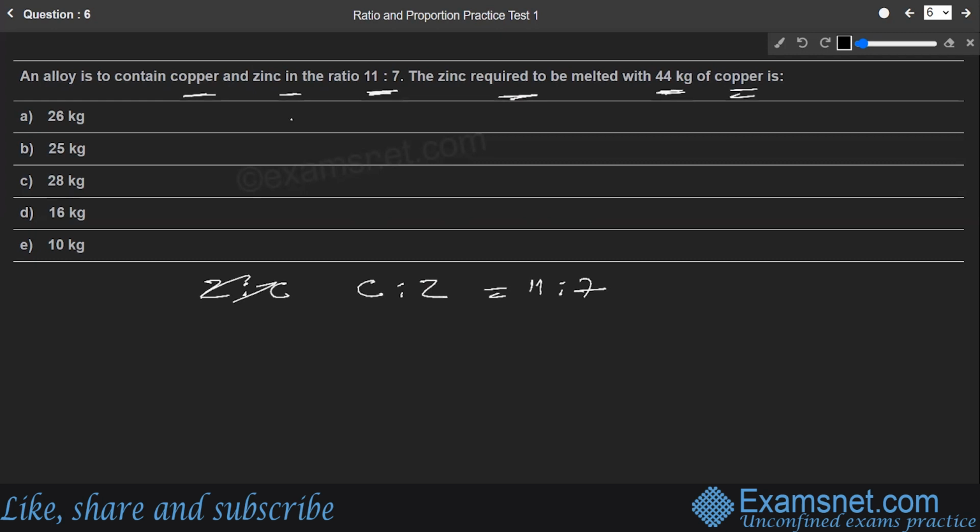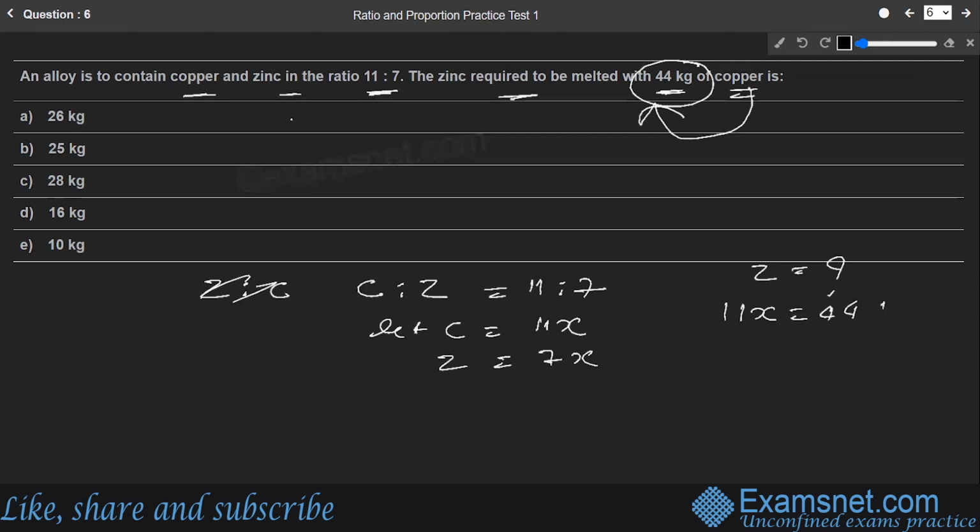So let us convert this into real values. If the ratio is 11:7, let's say the copper value is 11x and the zinc value is 7x. Then they say the zinc required to be melted, which means the zinc quantity is unknown. If the copper value is 44 kg, how much should be the zinc value? That is the question. Copper value was 11x, so 11x is equal to 44 kg.